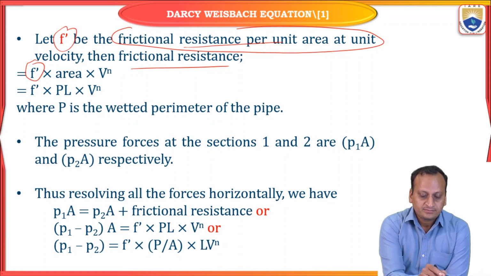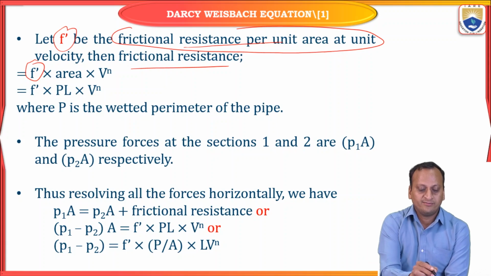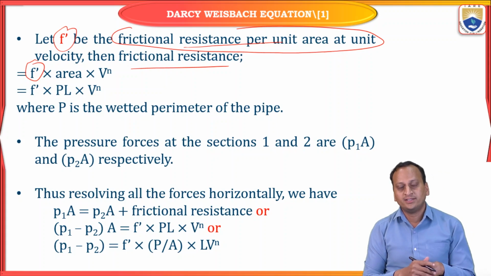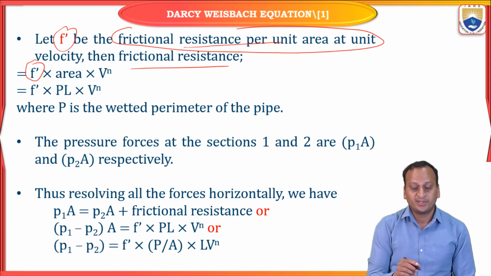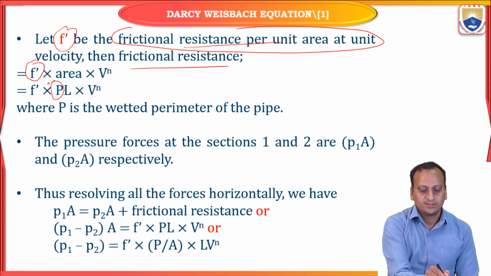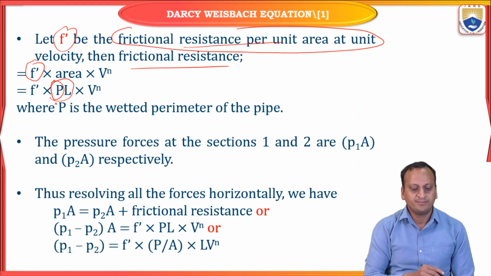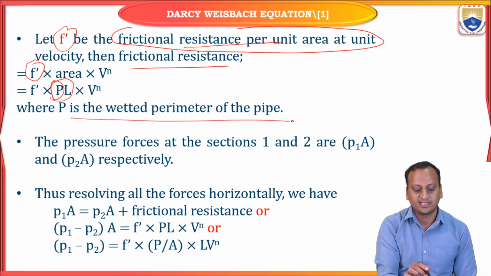The area of flow, while the fluid is flowing through the pipe: the perimeter of the pipe is P and the length of the pipe is L. So P into L becomes the area: f dash into PL into V power n. This is the frictional resistance, where P is the wetted perimeter of the pipe.